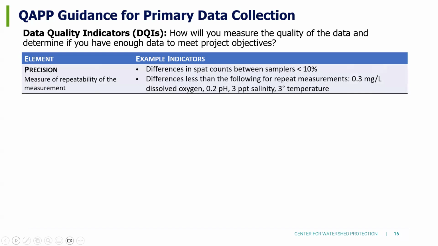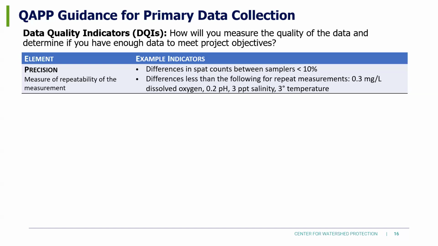The first one is precision, a measure of the repeatability of the measurement. Some examples here: they're going to have different people going out counting the oyster spat, and having a difference of less than 10% in the spat counts between the people counting would be an example of an indicator.